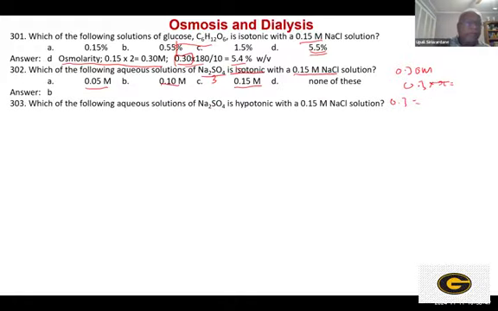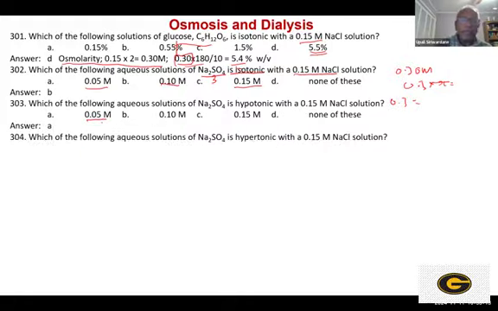Which of the following solutions are hypertonic? Yes, A is the correct answer. This is isotonic solution. This is hypertonic solution.